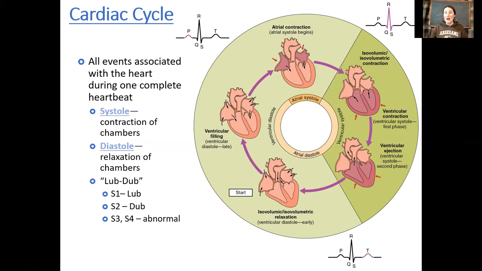Finally, at the end of the next segment of this physiological story of our tale of the cardiovascular system, I'm going to add in the ECGs here, so the electrical activity as well. When we start our story, we start with both types of chambers, both the atria and the ventricles, relaxed.